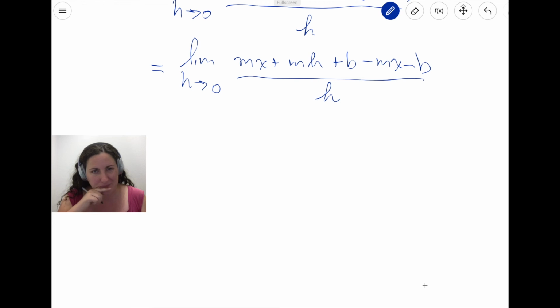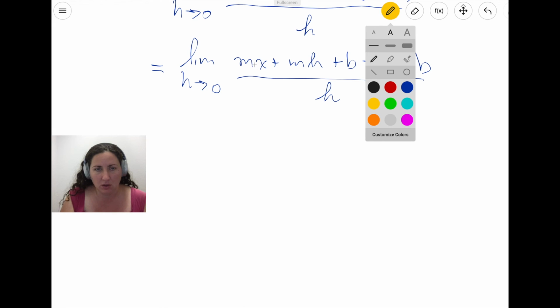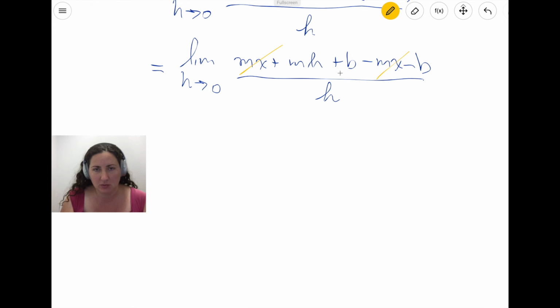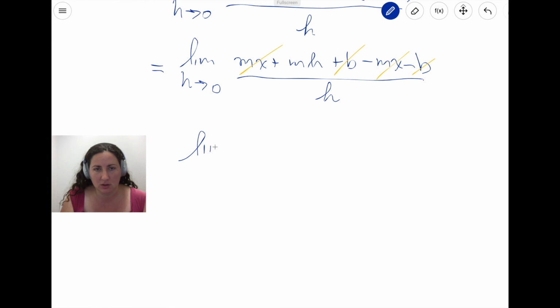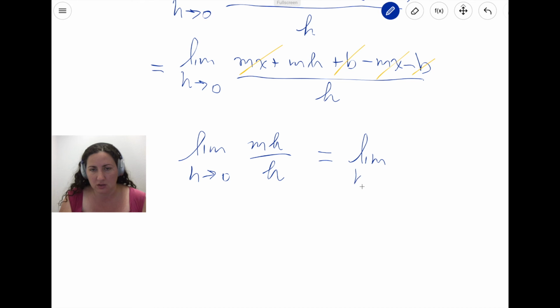And now we can see that we're going to have some cancellation in the numerator. mx cancels with mx, b cancels with negative b, and we're left with a limit as h approaches 0 of mh over h. Of course, mh over h simplifies. We can cancel the h, so we're just left with m.